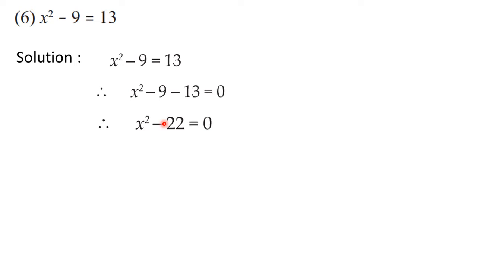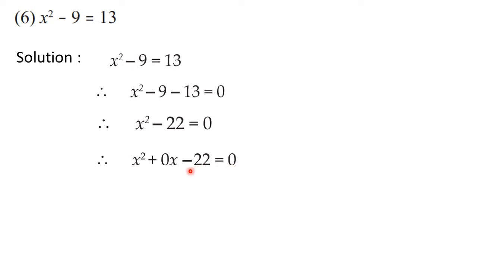So we have to write down 0x there. So we will rewrite this as x square plus 0x minus 22 is equal to 0. See students, this step is compulsory because in the question they have told you to write the equation in standard form. So you need to write down the standard form.